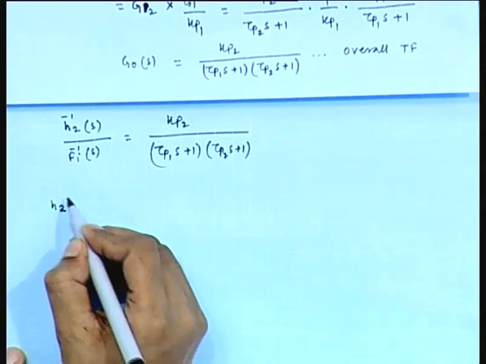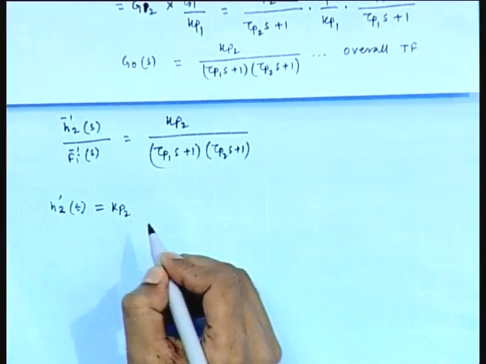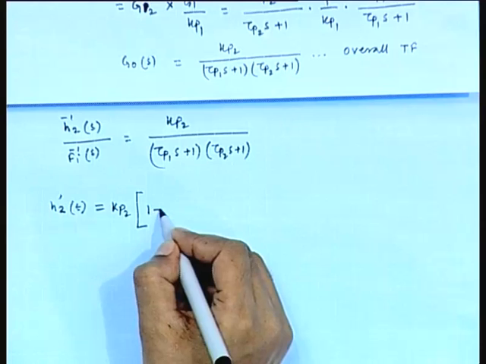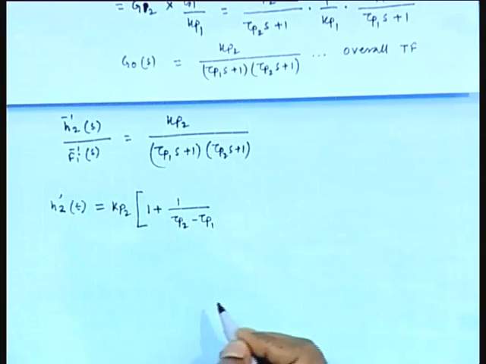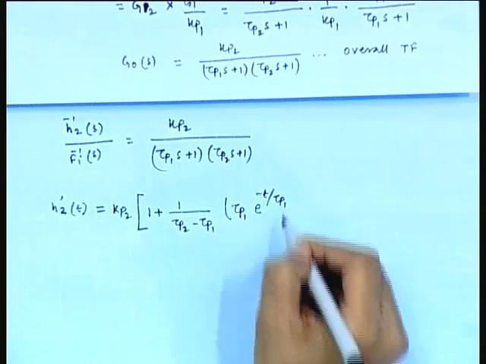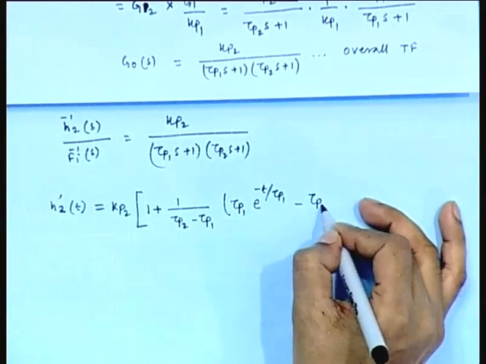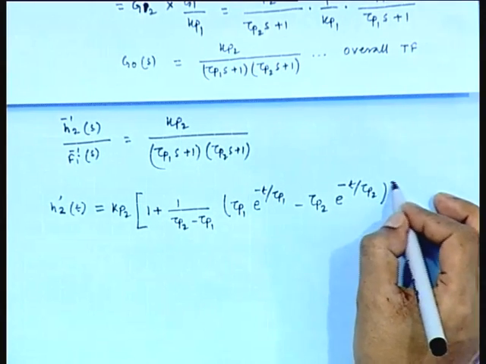Considering a unit step change in Fi and taking inverse of Laplace transform, we get the output in time domain as H2 prime t equals Kp2 times 1 plus 1 divided by tau P2 minus tau P1, tau P1 exponential of minus t divided by tau P1 minus tau P2 exponential of minus t divided by tau P2.